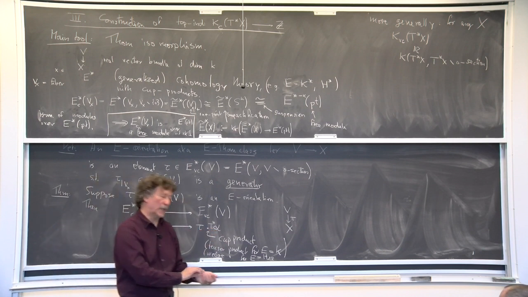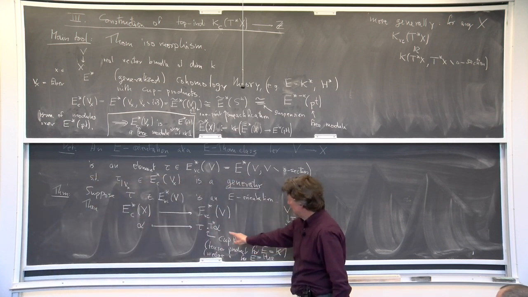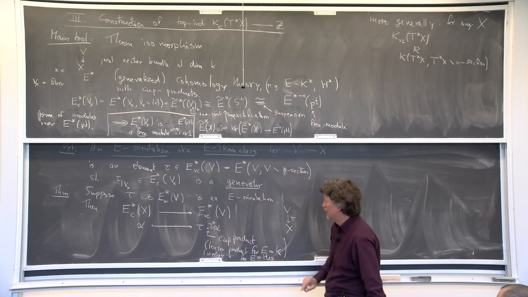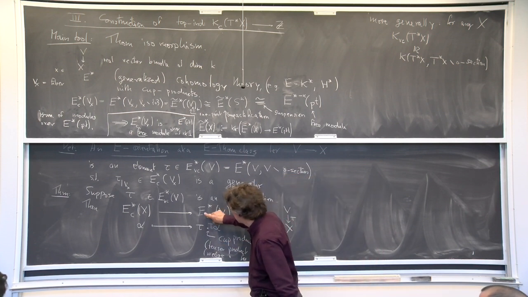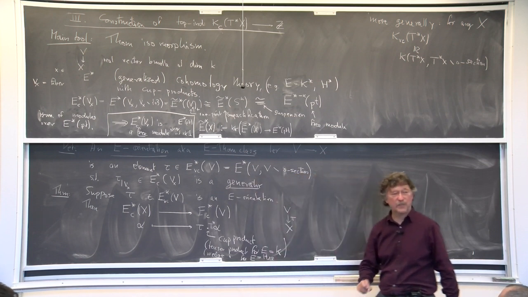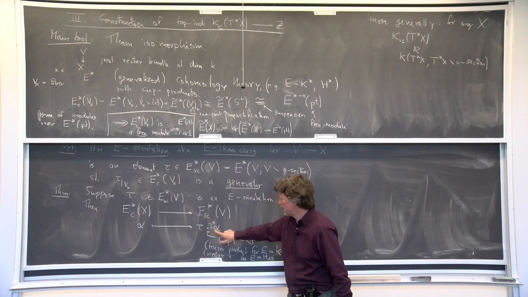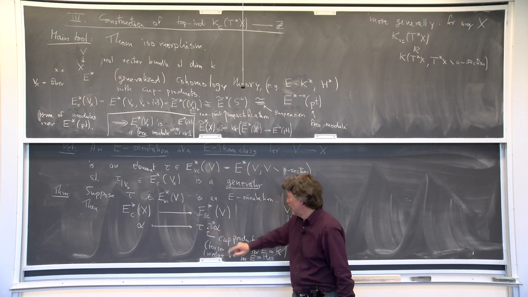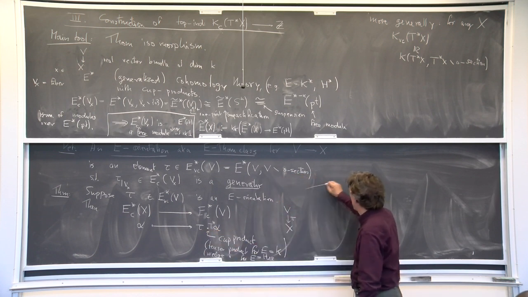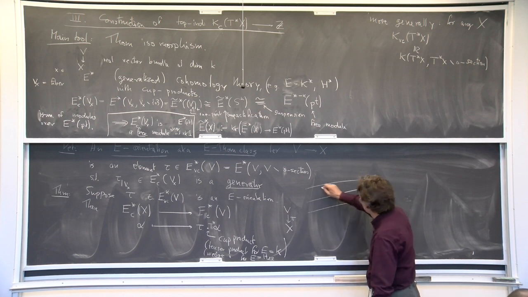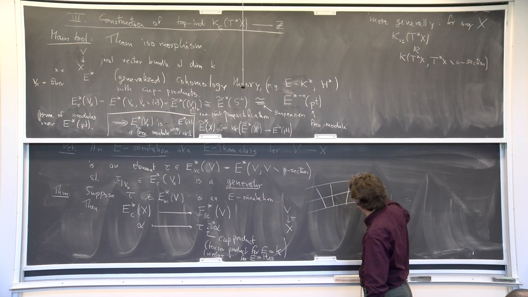Now notice the following thing. So we need to check that this one here, sorry, I meant to write compact support, not vertically compact support. I meant to write compact support here. So why should this have compact support? Well, if you think about the total space here, these are the sort of fibers.